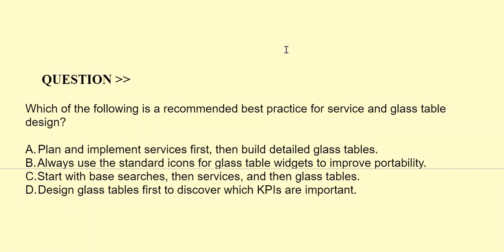Option C, start with base searches, then services and then glass tables. Option D, design glass tables first to discover which KPIs are important. The correct answer is option D.